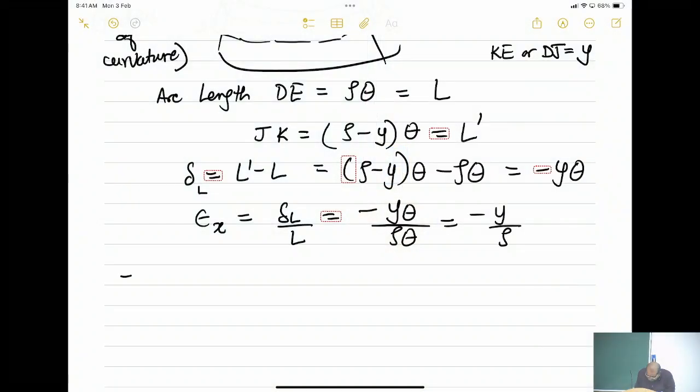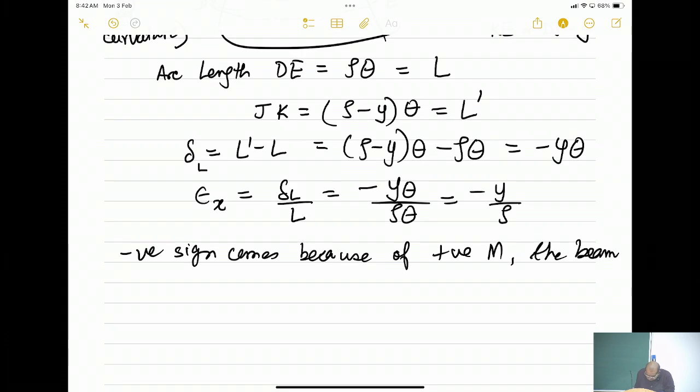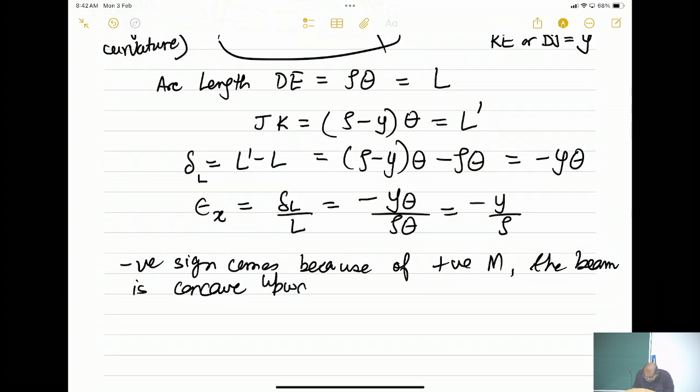Now the negative sign comes because for positive M, the beam is concave upwards.